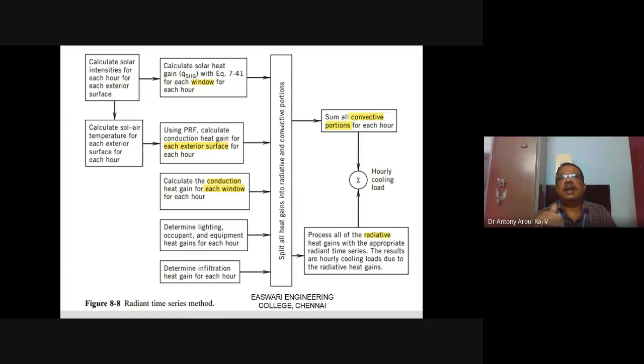Radiative components we are not adding to the corresponding hour; we are adding to the next ones. We apply the time shift to the radiative components, like we just saw, the peak reduction and the shift in timing. We are not iterating; we are going for direct calculation.